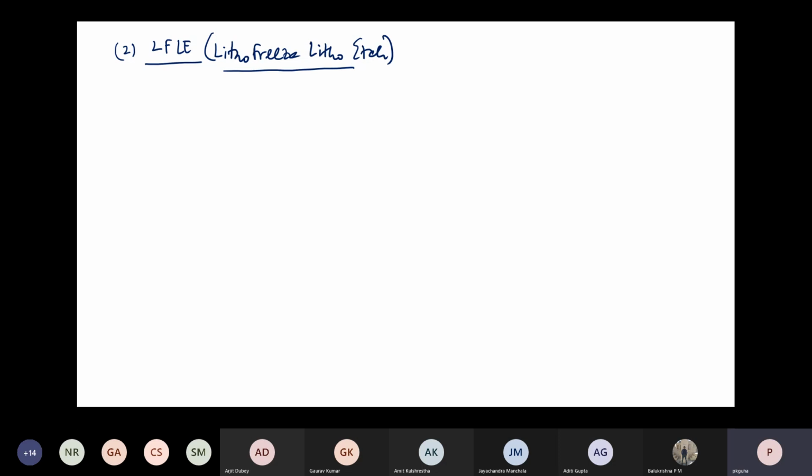Here also let me just draw the cross-sectional view, the 2D view. I don't want to draw the 3D view. Here also I have silicon and silicon dioxide.